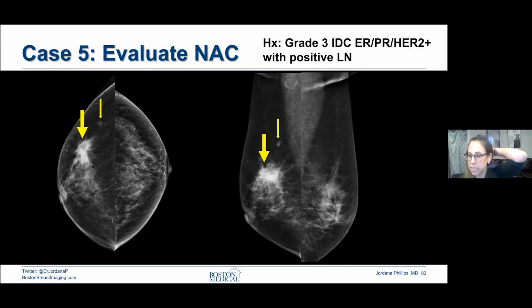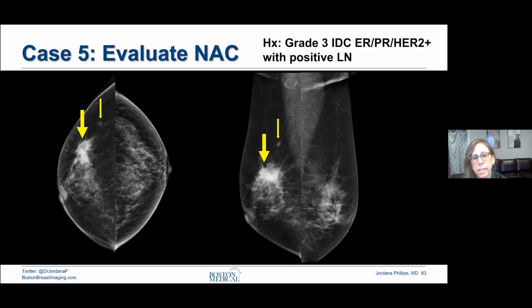Now we're going to look at a different clinical indication, which is using contrast-enhanced mammography to evaluate response to neoadjuvant chemotherapy. This was a patient who had a grade 3 HER2-positive breast cancer and a positive lymph node. You can see the cancer marked by the thicker arrow and the node marked by the longer, thinner arrow.